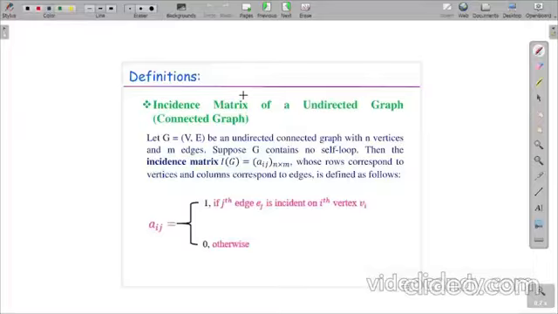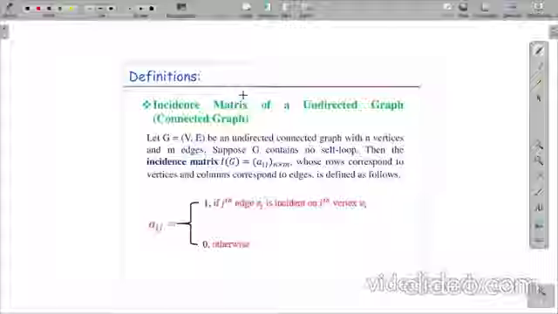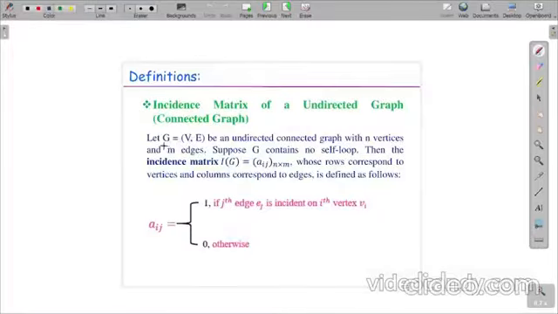First we are discussing the incidence matrix of an undirected connected graph. We have a graph G equals (V, E), an undirected connected graph with n vertices and n edges. Suppose G contains no self loop.